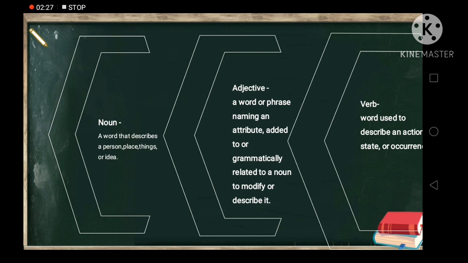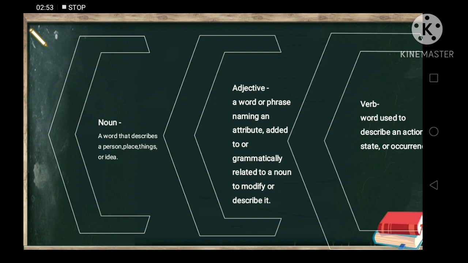Second is adjective. An adjective is a word or phrase naming an attribute added to or grammatically related to a noun to modify or describe it. An adjective is a word that modifies a noun or pronoun.